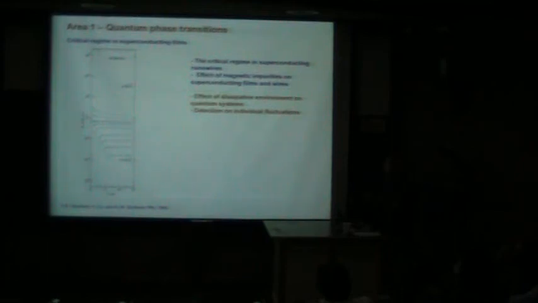And those of you who are taking my statistical mechanics class know that at the critical point we have a phase transition. But a normal phase transition occurs at some temperature, while here we have a transition at zero temperature. So we have a transition from an insulating state to a superconducting state.